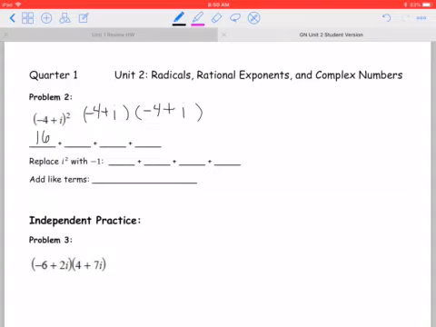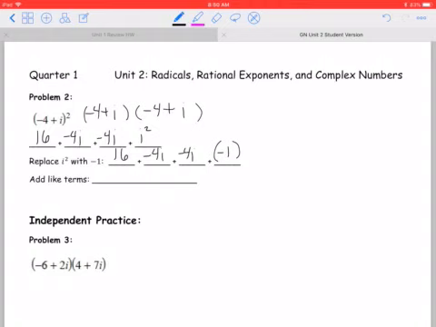You should get 16 plus -4i plus -4i plus i squared. And rewrite that with the i squareds replaced. So we get 16 plus -4i and -4i and -1. There's no multiplying here because there's no coefficient.